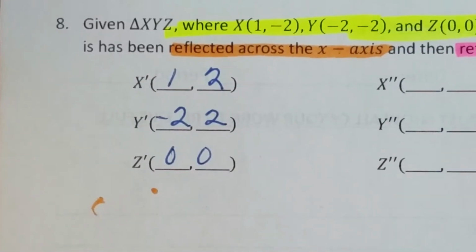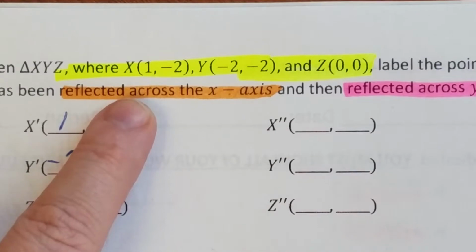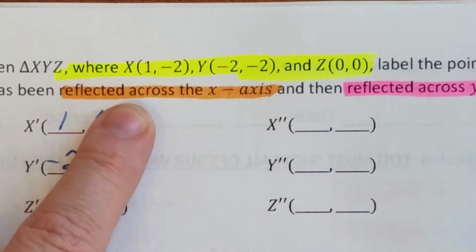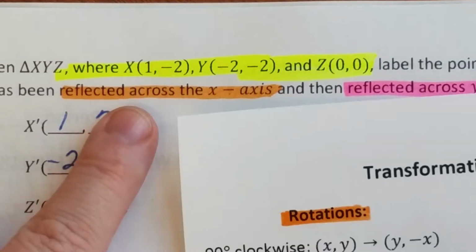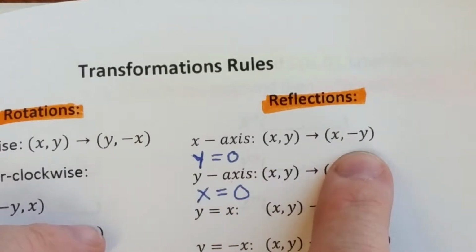And just as a little review, if we had just applied the rule for reflecting about the x-axis, let's see if we would have come up with the same coordinates here. So reflecting across the x-axis, this tells me that I just need to change the sign of my y.